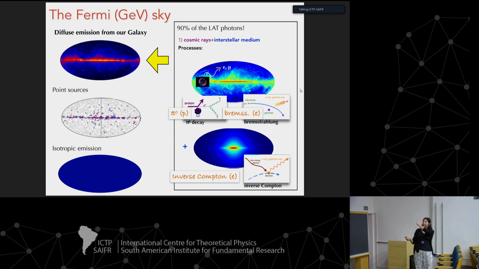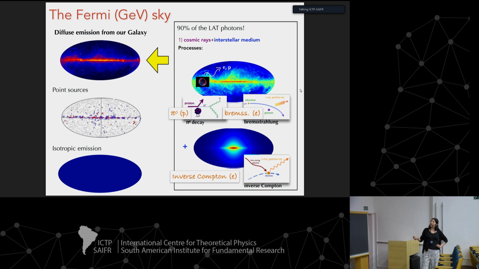The dominant processes in the GeV to TeV energy band are these three. Cosmic ray protons interact with protons in the gas, basically hydrogen most likely. These proton-proton interactions produce pions, and pions decay to gamma rays. So one important component is pion production due to proton-proton interactions.